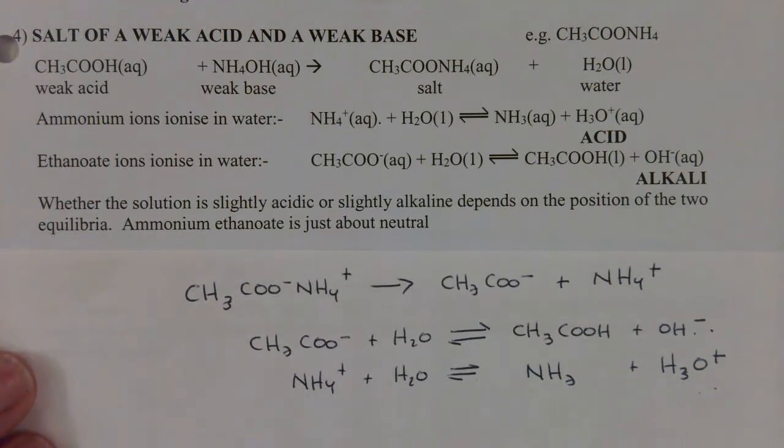So actually ammonium ethanoate is just about neutral because these two have roughly the same Kc values and they produce the same amount of acid and alkali and they cancel each other out. But that's not true for all weak acid, weak base salts.